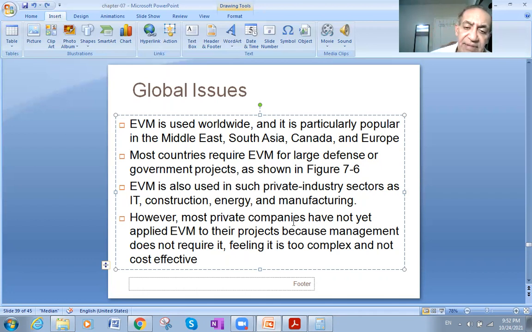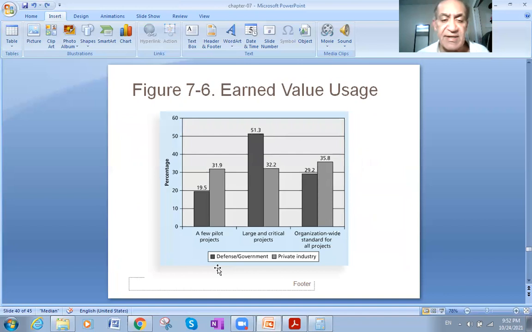However, most private companies have not yet applied EVM to their projects because management does not require it, feeling it is too complex and not cost effective. Some managers think it is not very well suited to be applied.